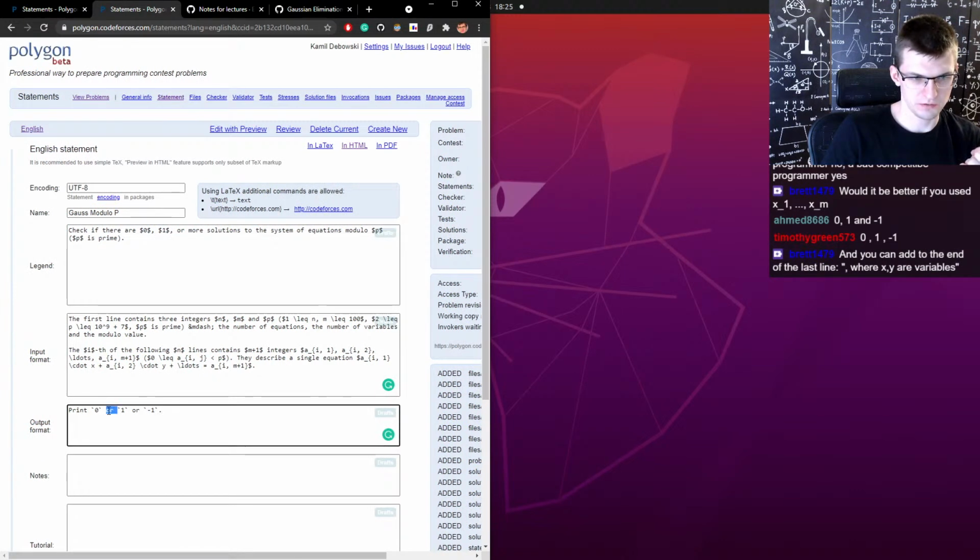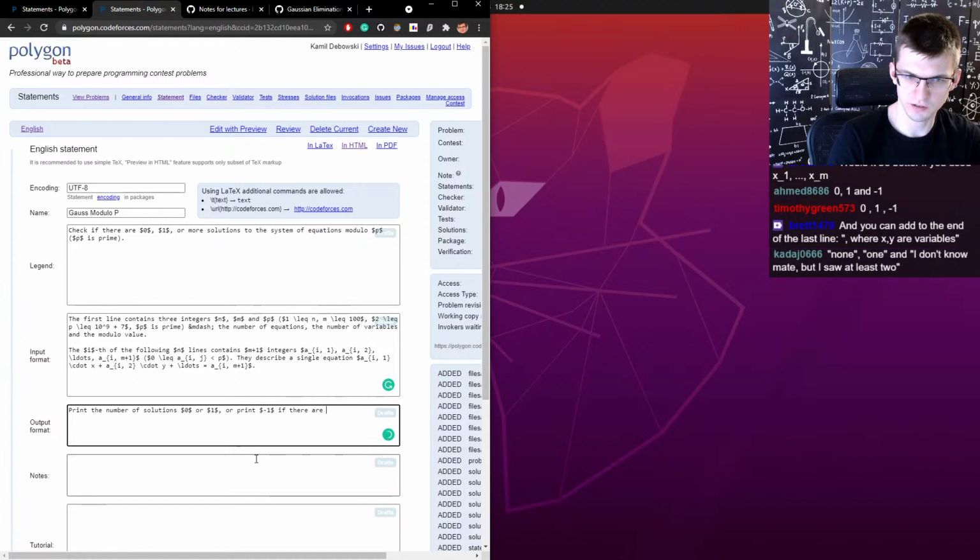Print 0 or 1. Print the number of solutions 0 or 1, or print -1 if there is more than one solution, if there are at least 2 solutions.